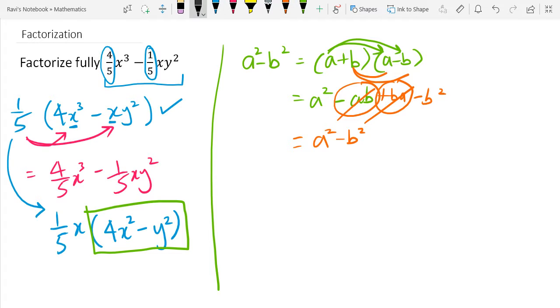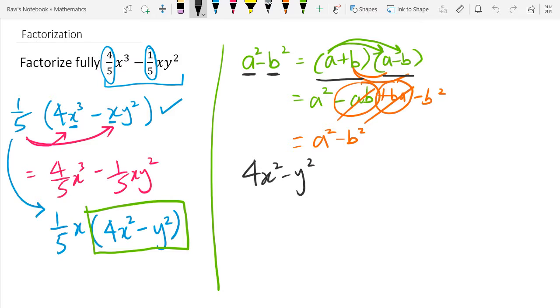So let's carry on here. We know that a squared minus b squared is a plus b and a minus b. What do I have here? I have 4x squared minus y squared. This is where you need to be careful. When we say a squared minus b squared, it means one particular term squared, and minus another term squared.